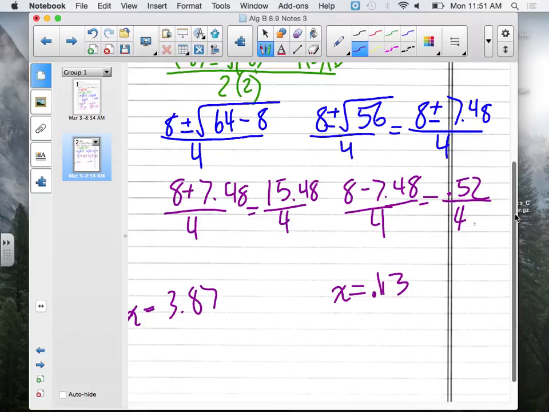There's no solution. I think what Rose is asking is if your discriminant is ever negative, you have to keep solving it. Is that your question, Rose? No? Okay, well, if your discriminant is ever negative, that tells you that there's no solution, right? So that would be the answer to that question.